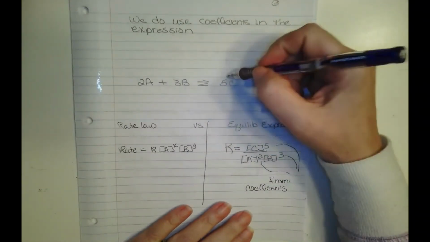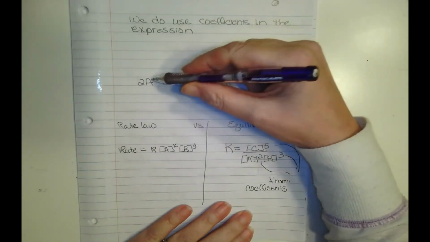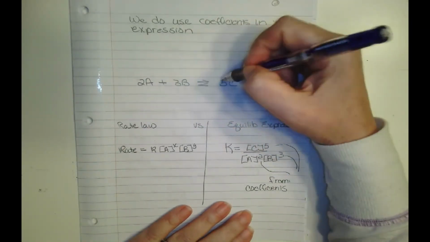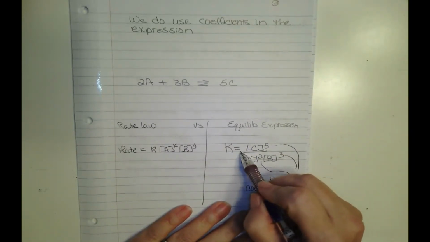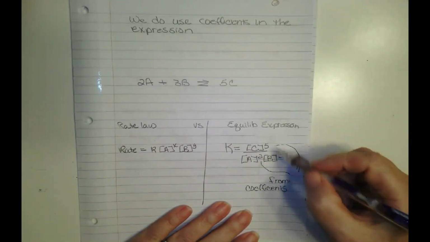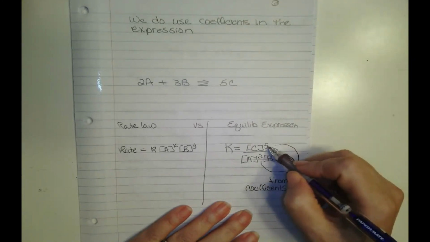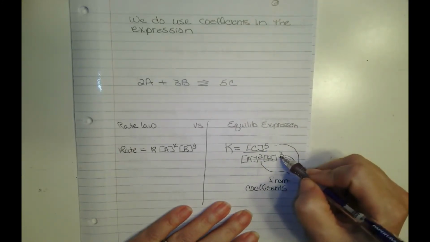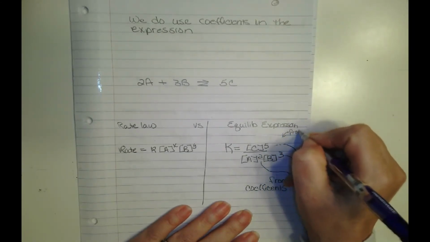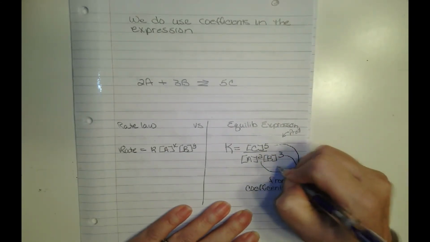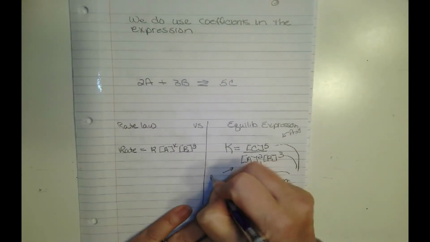But now, when they're going forward and reverse, the stoichiometry does work out, and so our equilibrium expression is K equals products over reactants raised to their coefficients from the balanced equation. So remember, this is products, and these guys are reactants.